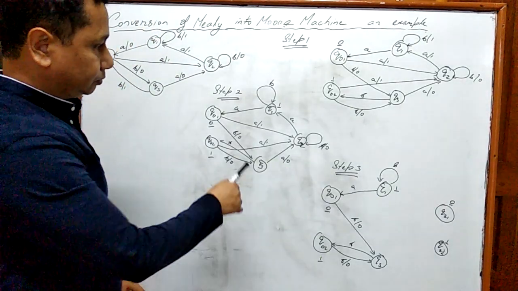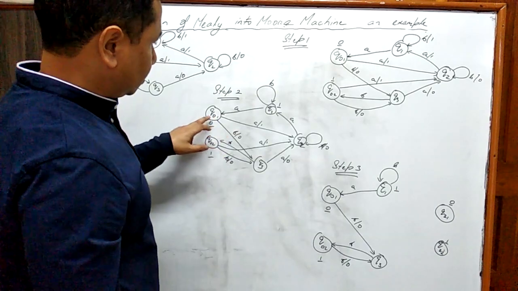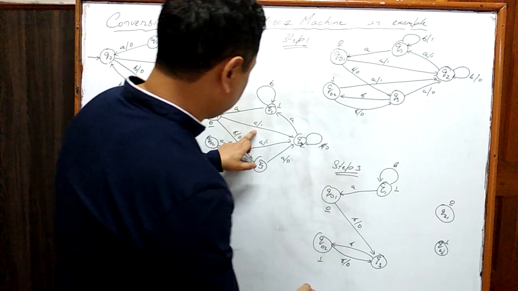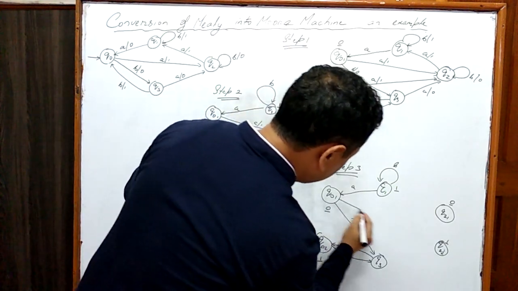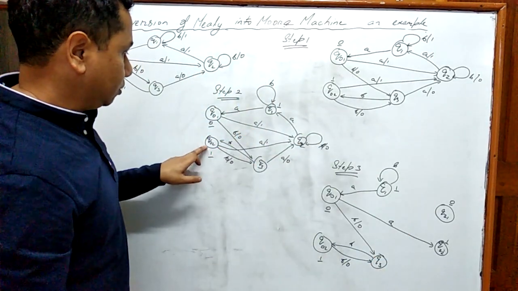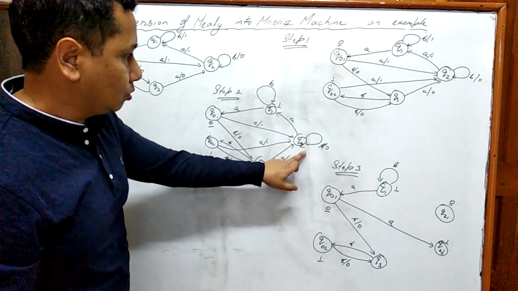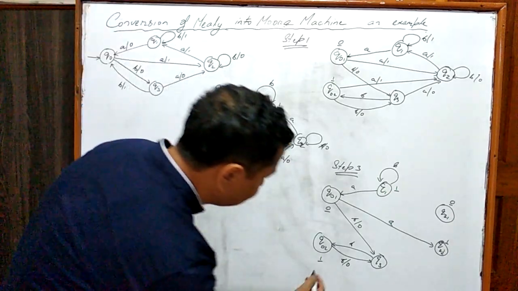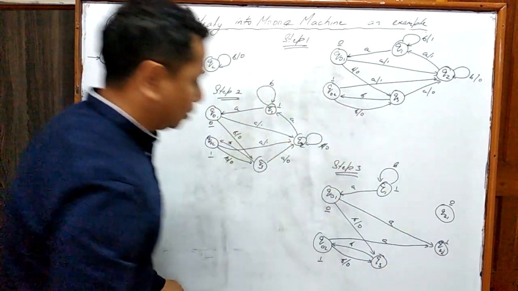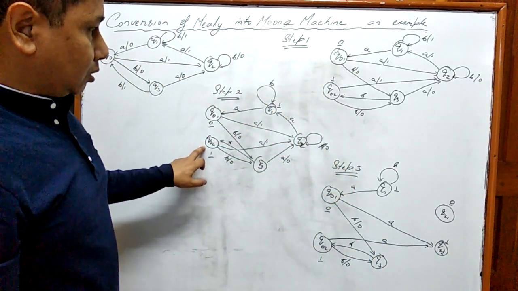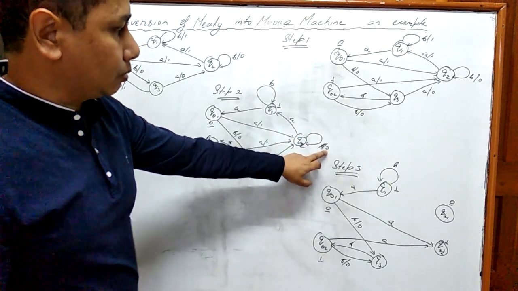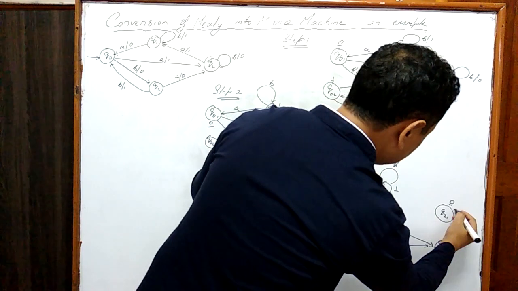Now, next thing, let's mark the input. From Q0, it is coming with A to Q2 with an output of 1. So let's make this output of 1 from Q0 and mark it as A. Similarly, from Q02, it is going to Q2 with an output of 1, so let us mark it here as A. Now, again the same thing, B. B is coming with an input of 0, so B will be coming here.